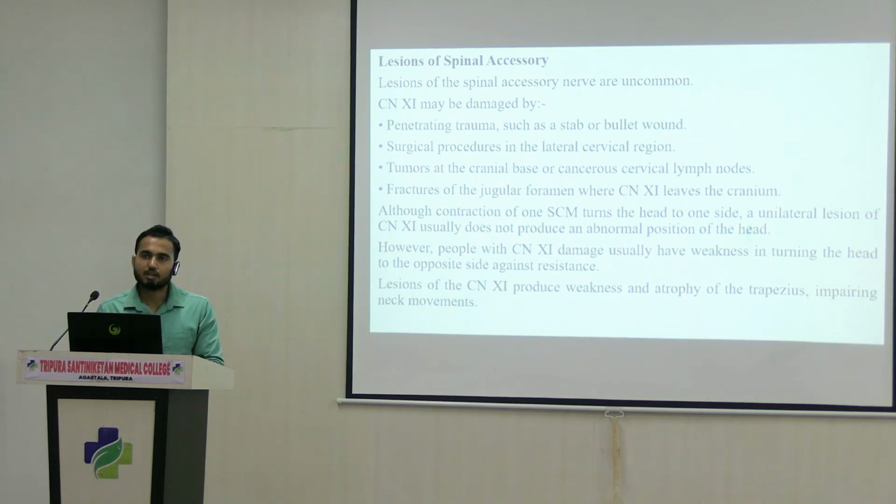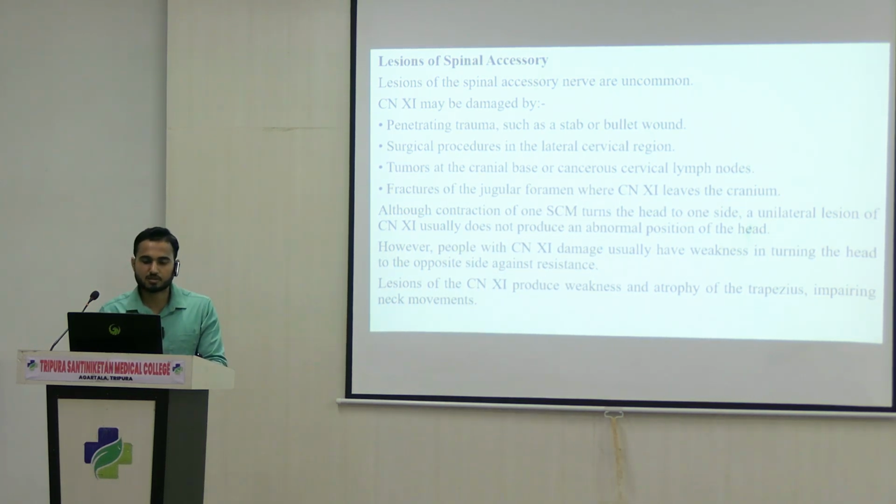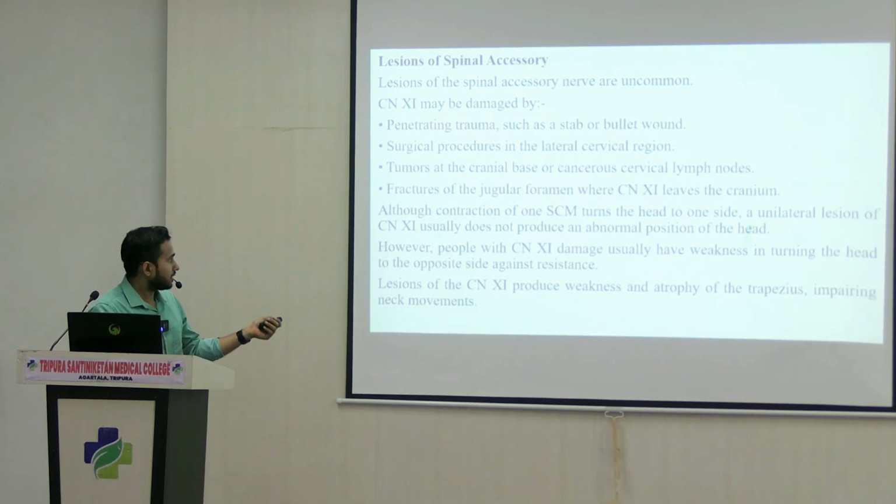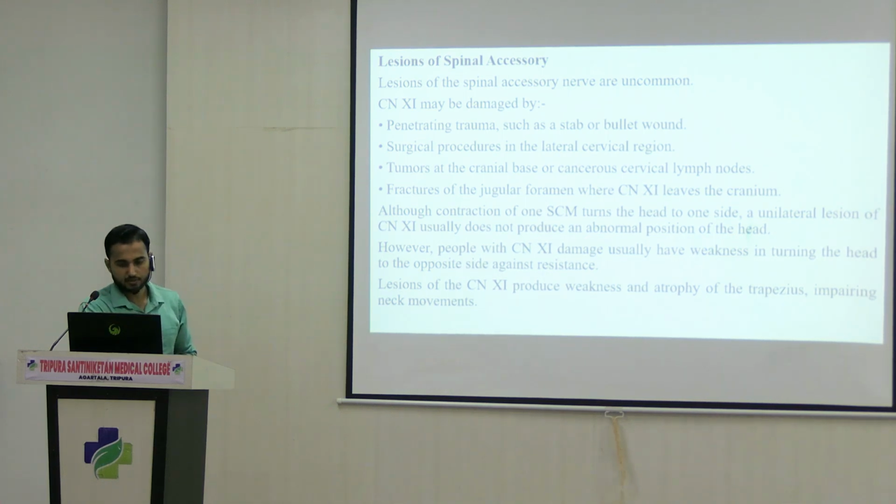What do you think will happen if the spinal accessory nerve is damaged? The spinal accessory nerve supplies two important muscles of the neck, the sternocleidomastoid muscle and the trapezius muscle. Contraction of the sternocleidomastoid muscle turns the head to one side. If the lesion is unilateral, it does not produce an abnormal position of the head.